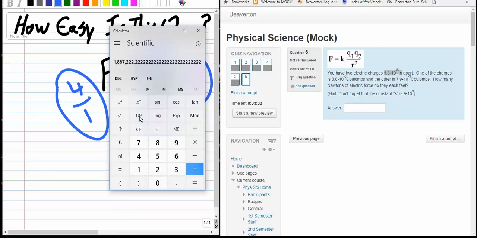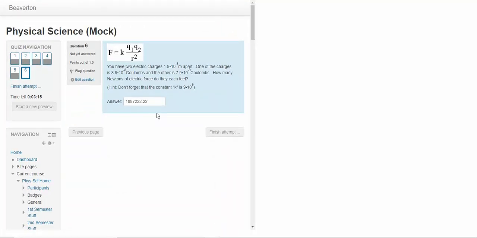Equals, and we only need 2 decimals, so 1887222.22. And let's finish the attempt and see what happens.